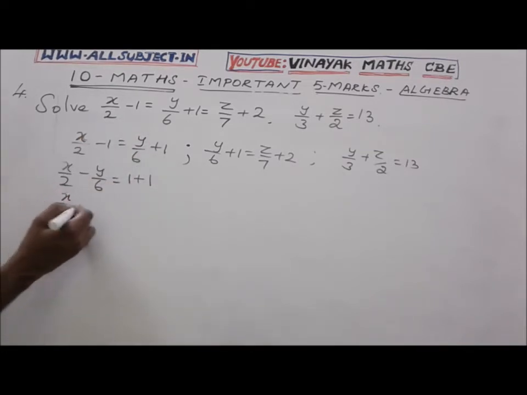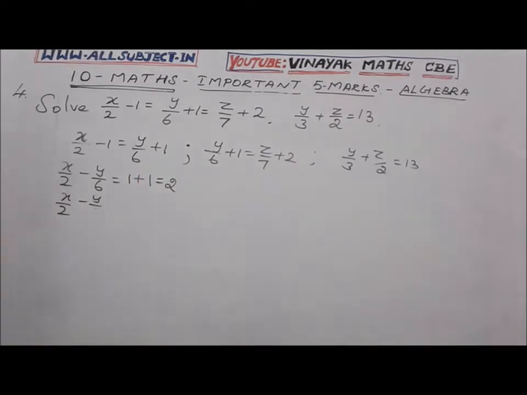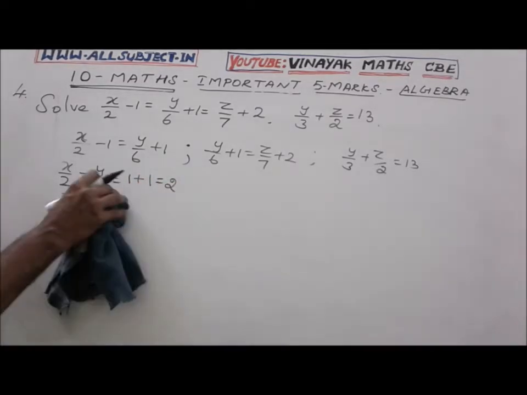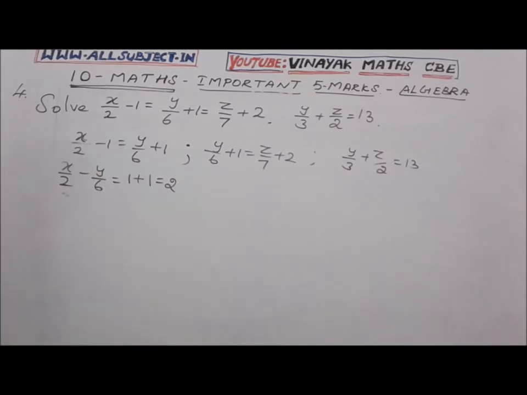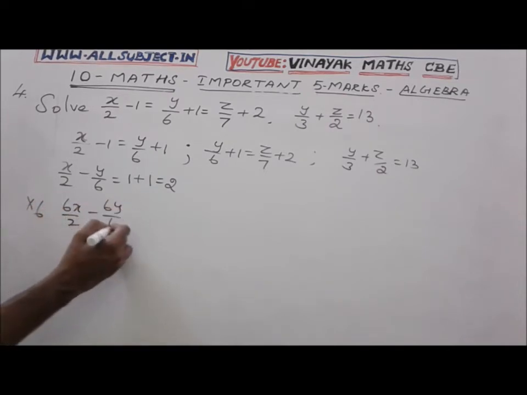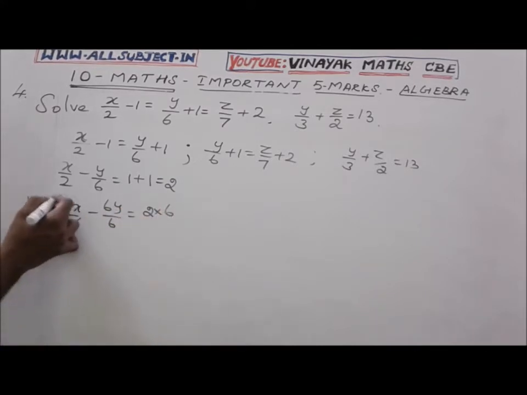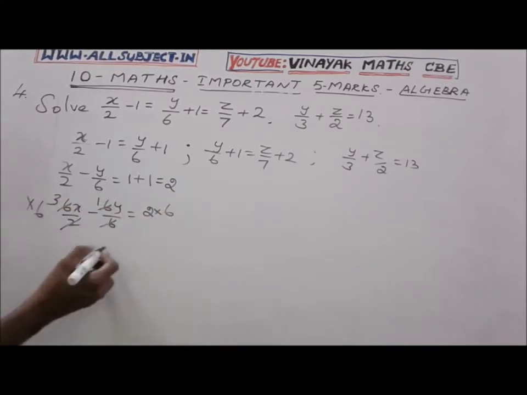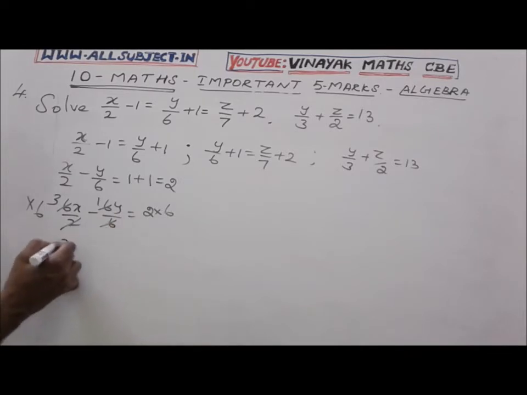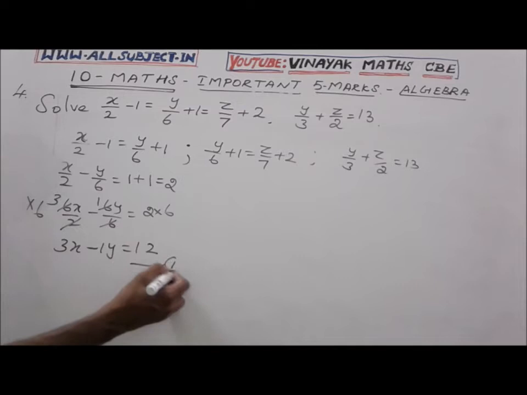Now cross multiply, or multiply it by 6, we will get 6x by 2 minus 6y by 6 is equal to 2 into 6. Now these two get cancelled. 3x minus 1y equal to 12. So 3x minus y equal to 12 is equation number 1.